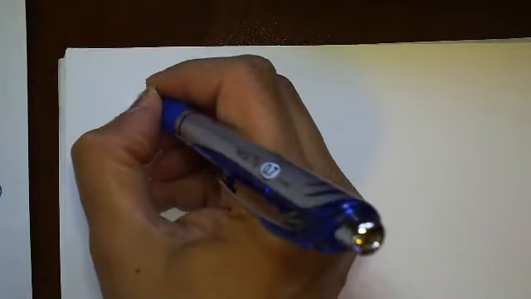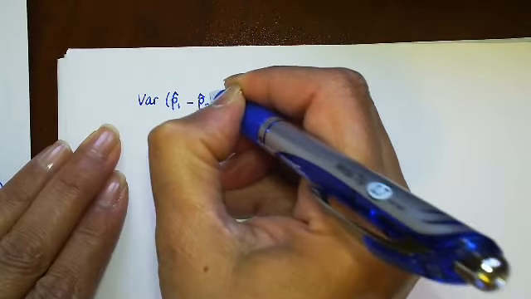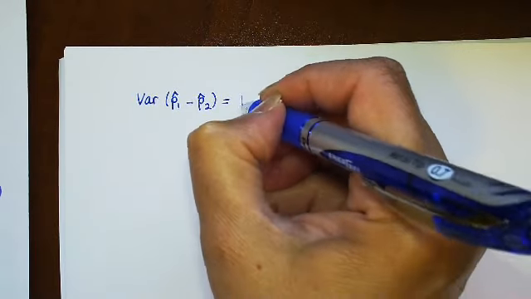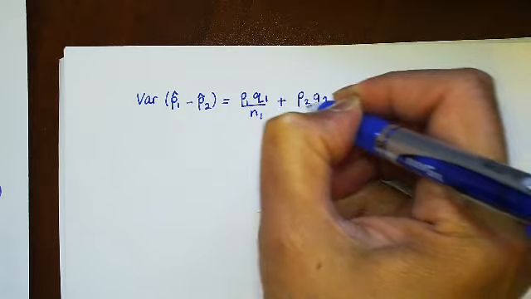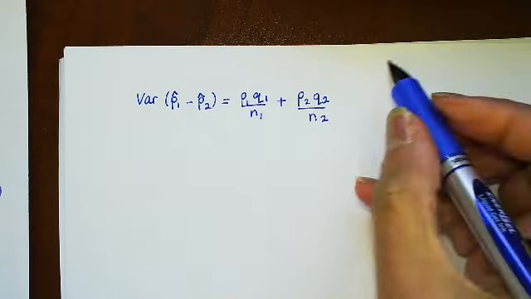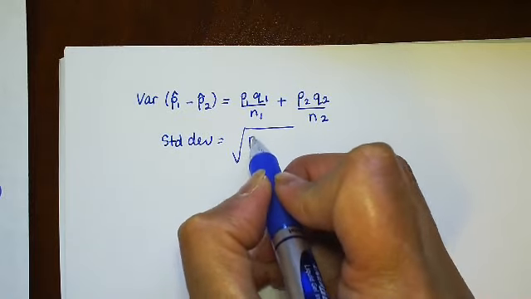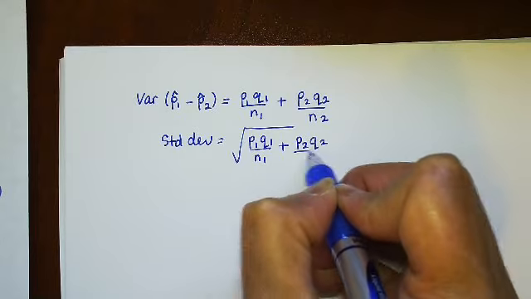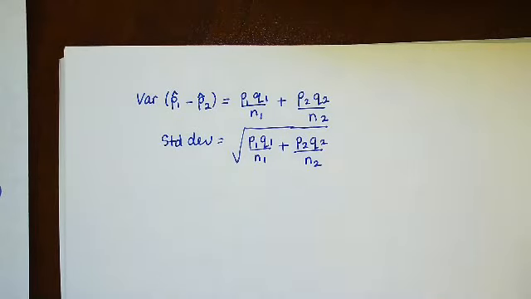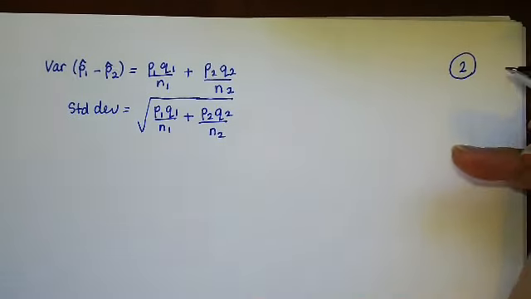And therefore, the standard deviation is equal to the square root of P1 Q1 over N1 plus P2 Q2 over N2.